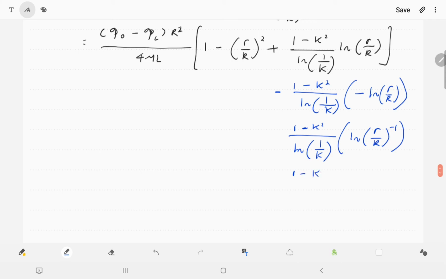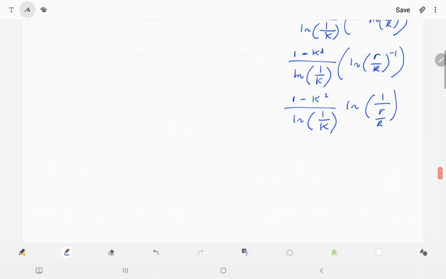So this will be 1 minus k square divided by ln 1 over k, ln r per R.